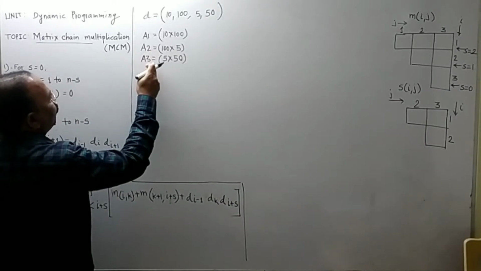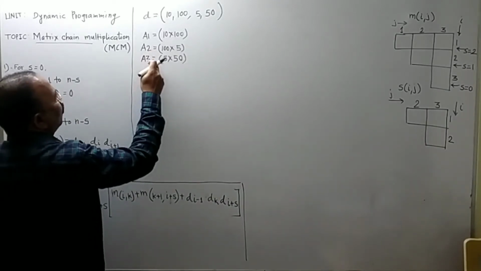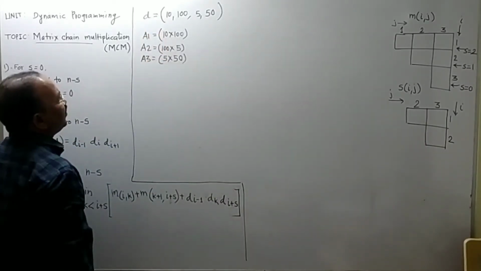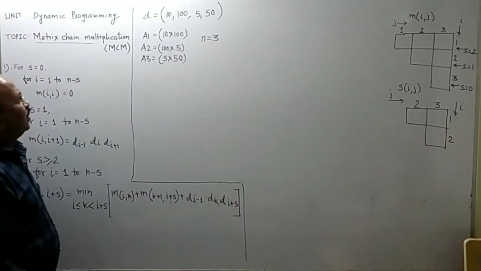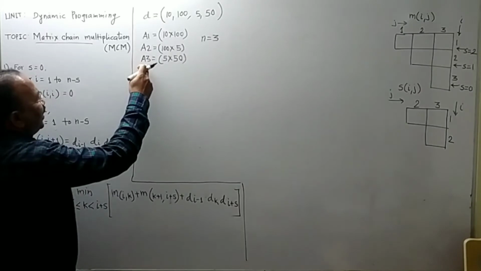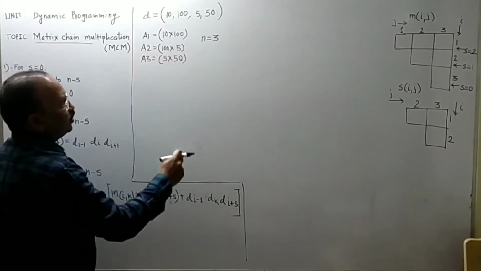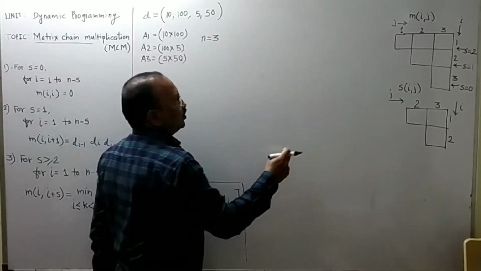So in this way we have got 3 matrices from the given dimension vector, which means the number of matrices n is equal to 3.